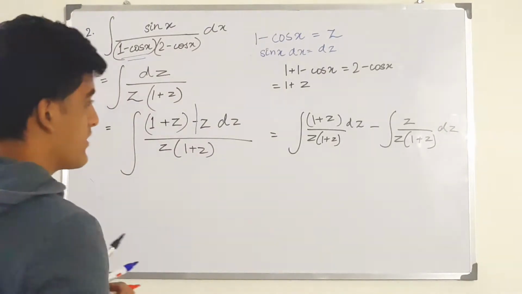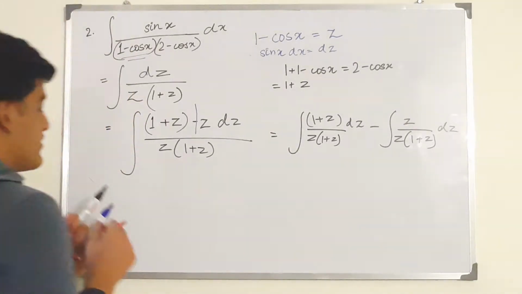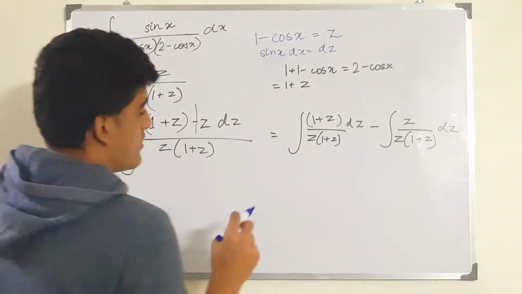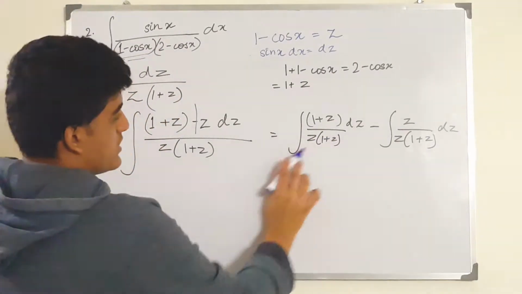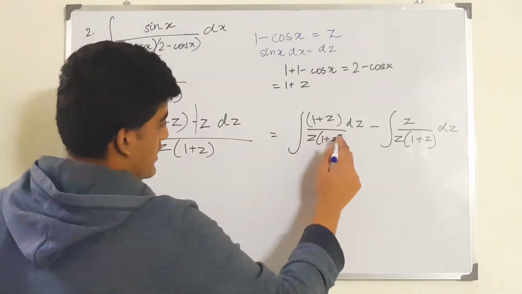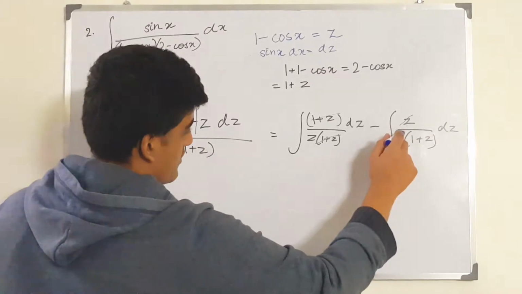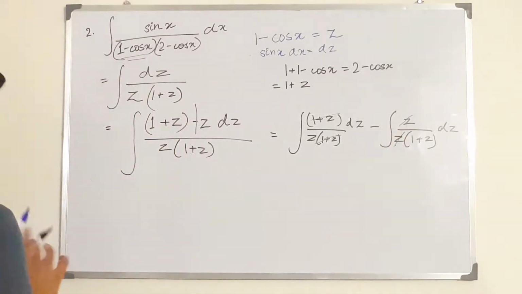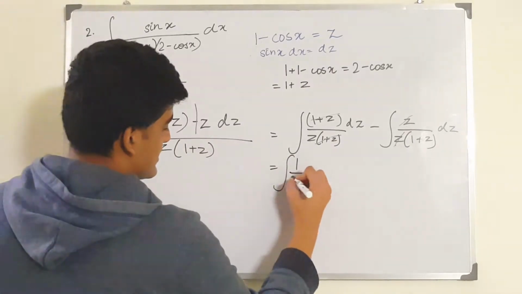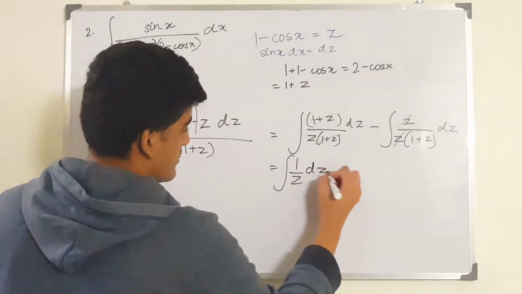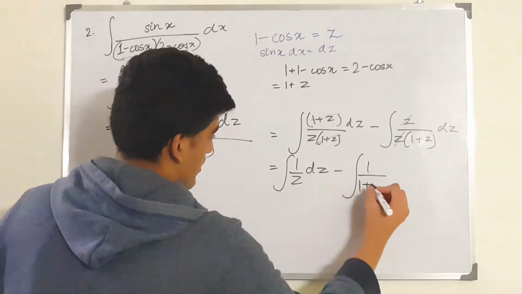Now you might be understanding where this is headed. This 1 plus z in the numerator and the denominator, they are identical expressions, so they cancel out each other, and this z and z, they cancel out each other as well. So what I'm left with is 1 by z minus 1 by 1 plus z.